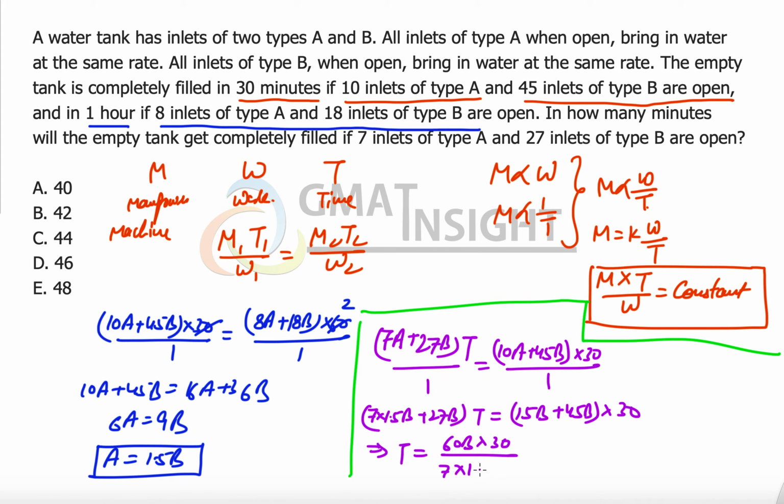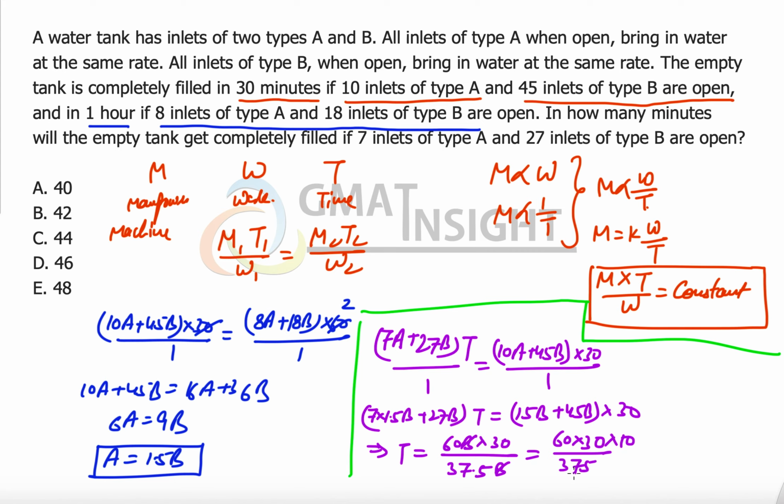Okay, that is 10.5 plus 27. So 37.5 times B, it cancels out this way. So now we have 60 into 30 divided by 37.5. So I'm going to write it as 375 multiplied by 10 on the top side.